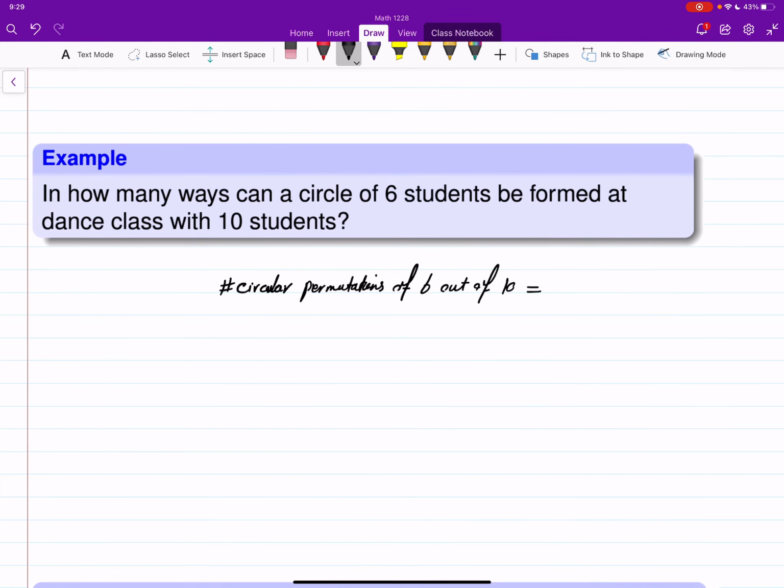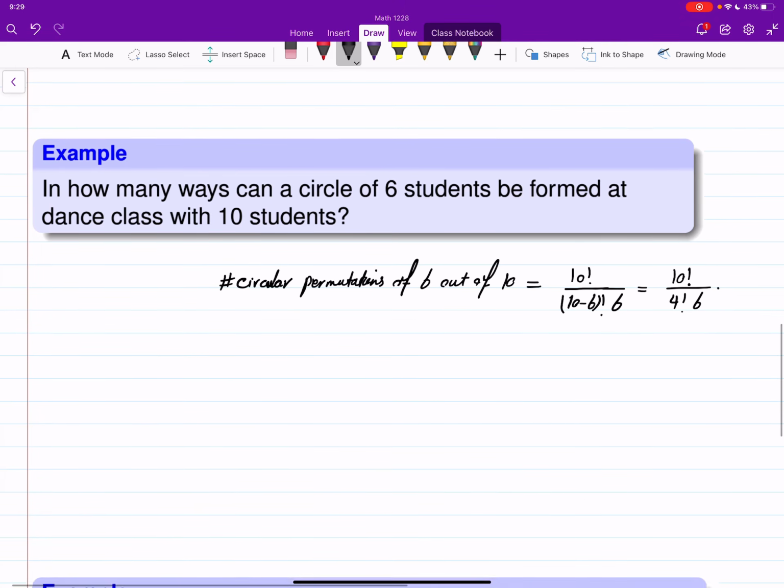So that would be 10 factorial divided by 10 minus 6 factorial. So far, this is the linear one. Then you divide it by the number of objects on the circle. So this will give me 10 factorial divided by 4 factorial times 6.